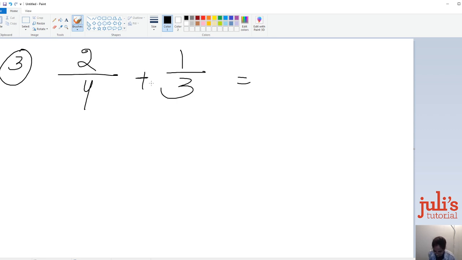As I always do, I find the common denominator, least common denominator. All right? We're going to find the least common denominator. So let's list the 3 times table and the 4 times table. If you don't already know.